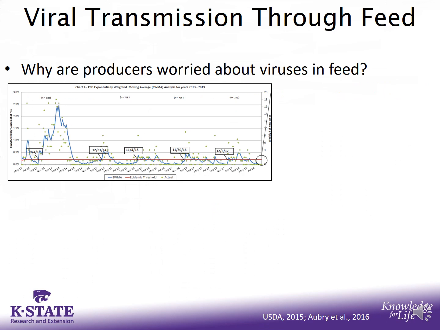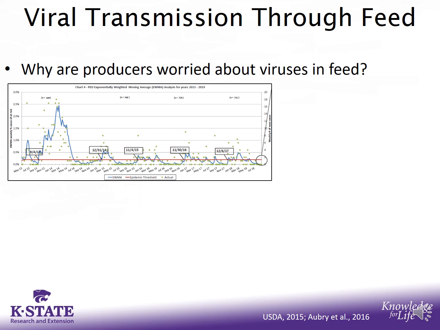As we consider the role of feed to be an indirect source of transmission of viruses, I'm frequently asked, why are pork producers so worried about viruses in feed? And my thoughts immediately go to porcine epidemic diarrhea virus. This was a terrible virus that was first found in the United States in 2013.